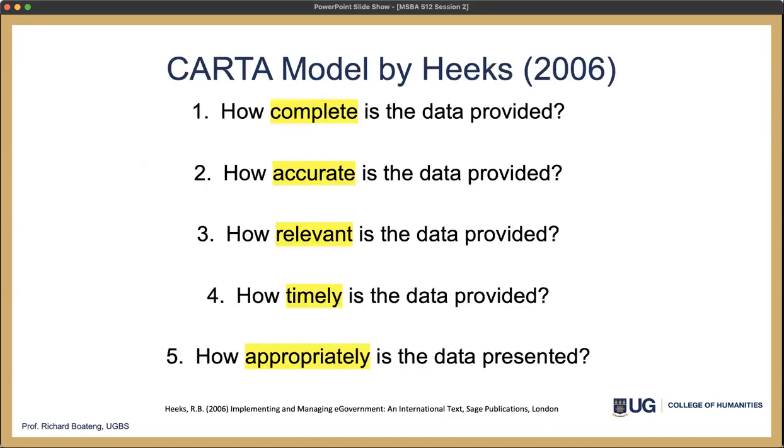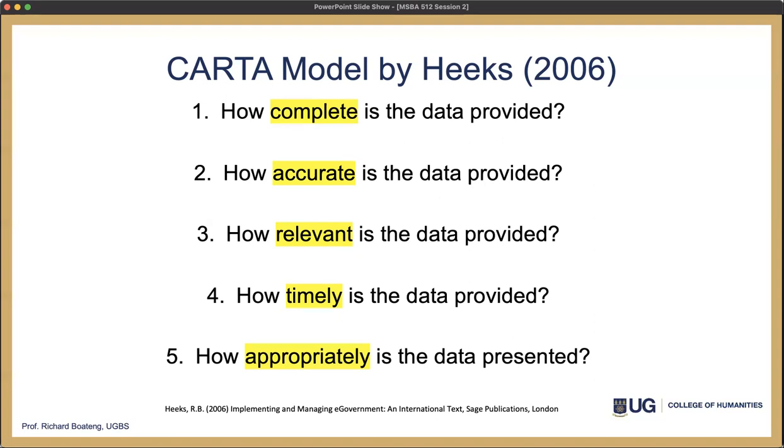Now, one of my former supervisors developed a model to assess the attributes of data, and he summarized all the things I've talked about into five more important points. He said completeness of the data, accuracy of the data, relevance of the data, timeliness of the data, and appropriateness of the data in terms of its presentation.